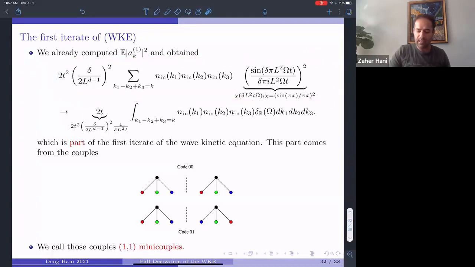Again, we said you can regard this quantity as an approximation of identity.